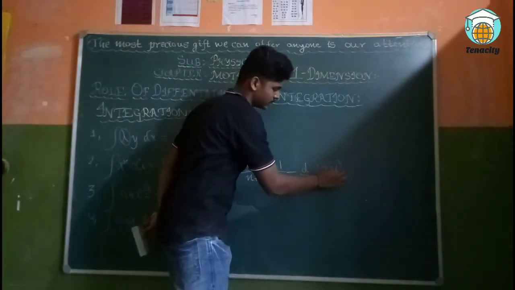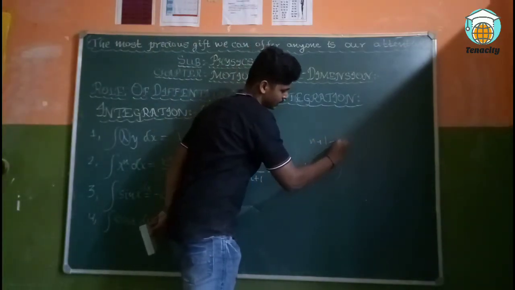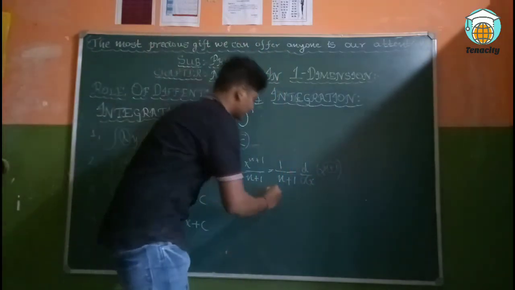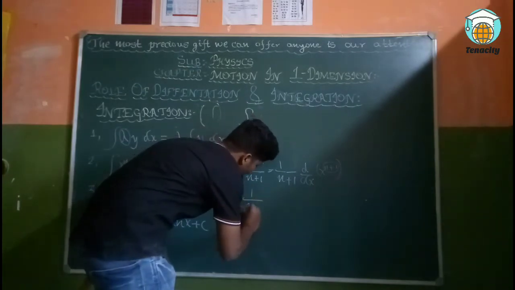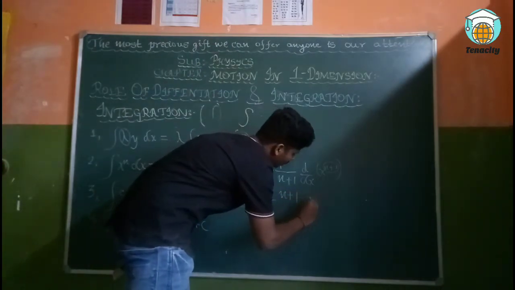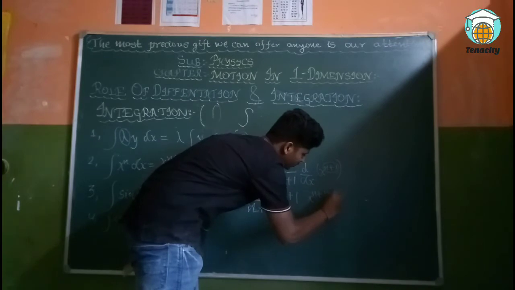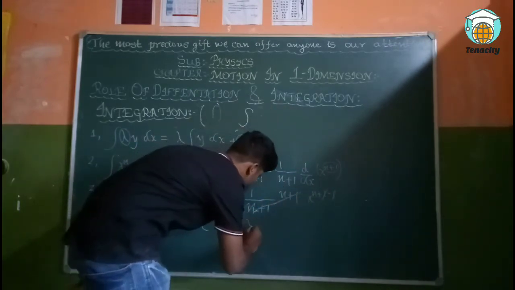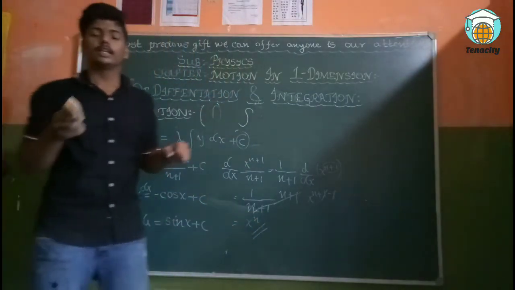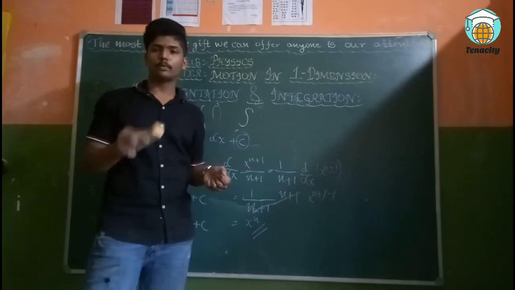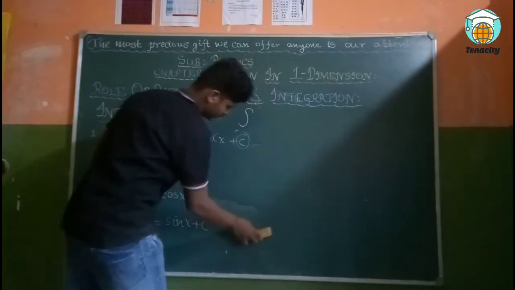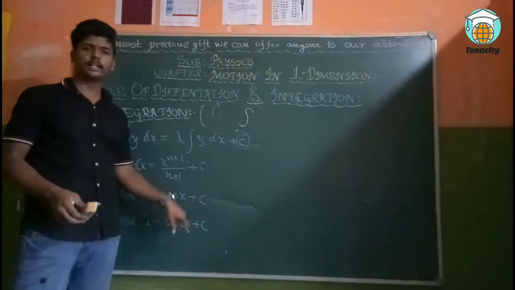Taking n plus 1 as n now, you will get 1 by n plus 1 into n plus 1 into x power n plus 1 minus 1. Cancel, and you will get x power n. This is how you can judge that differentiation and integration are exact opposite operations. These are the four important formulas related to integration.